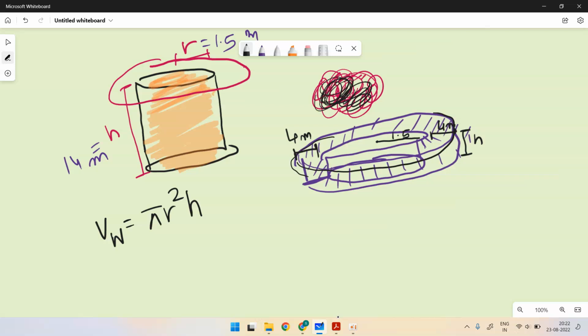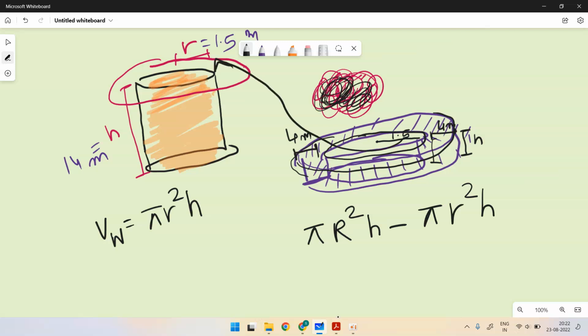See, this is a bigger cylinder minus a smaller cylinder, means pi r square h, h will be same for both cylinders, minus pi r square h. This r is small r, that is 1.5 meter, plus 4 meter embankment. Suppose I'll take it L.